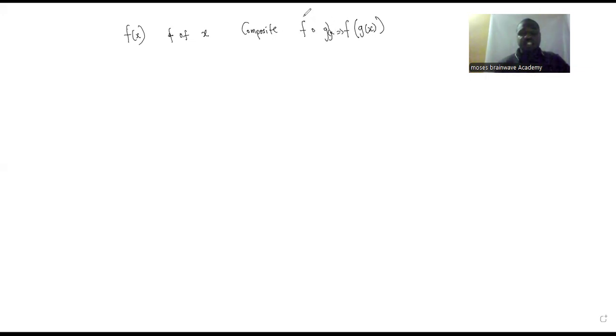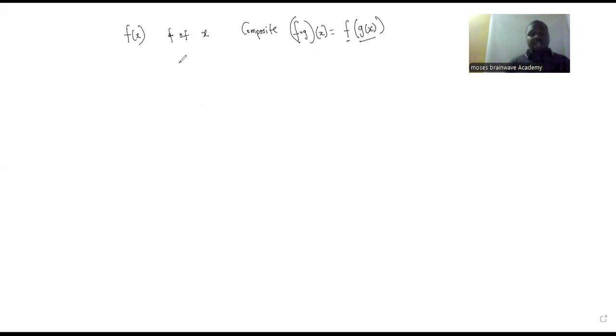Because this is f of g, and this is of x. So you can see us writing this notation, they are all the same. You should not get confused when you see f of g of x; it is the same thing. Fantastic.